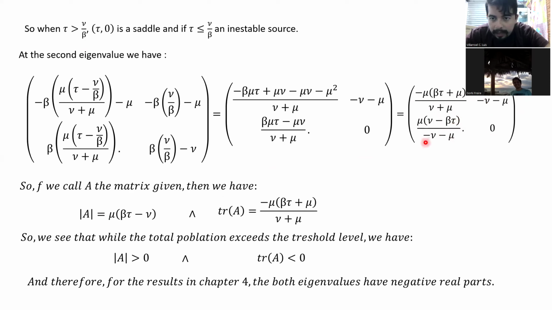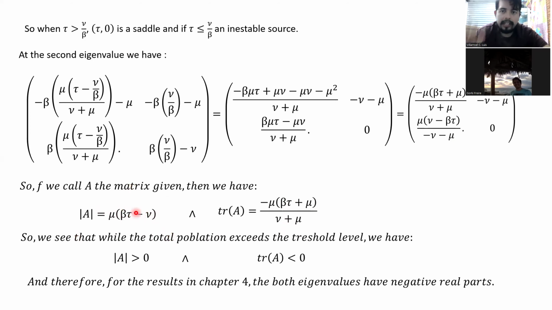That is to say, if we multiply this factor with this, the denominators are going to cancel, and we have only that mu times (b tau minus b) is the determinant of A. And the trace of A is minus mu times (b tau plus mu) over (b plus mu). And we see that this factor is positive and the second one is negative, of course. But this factor is positive if and only if beta tau minus b is positive.